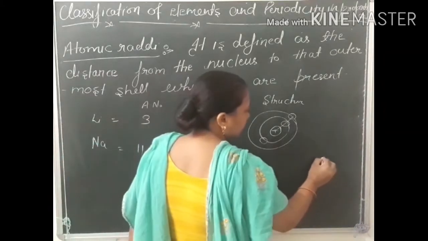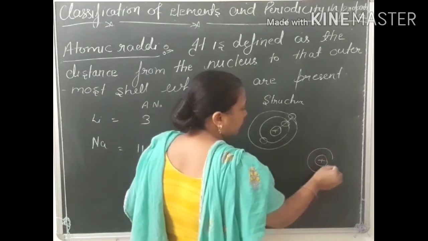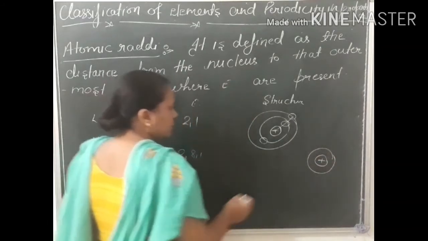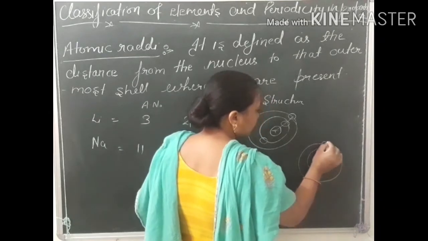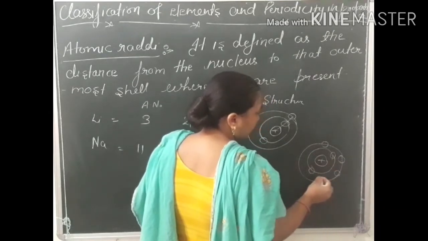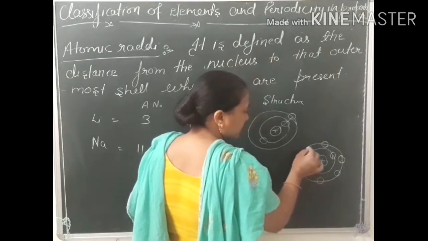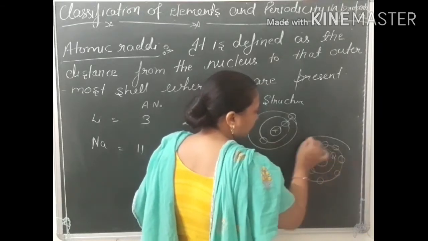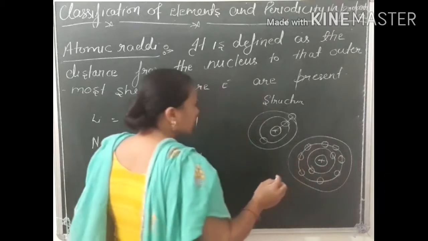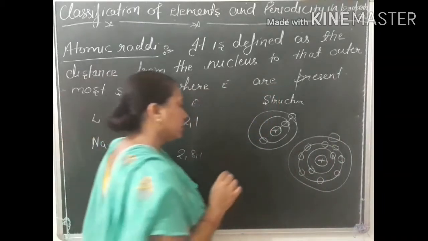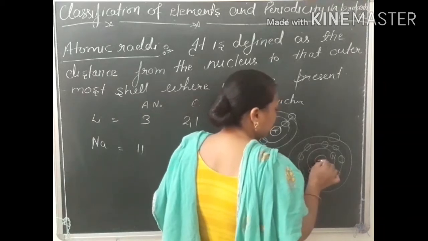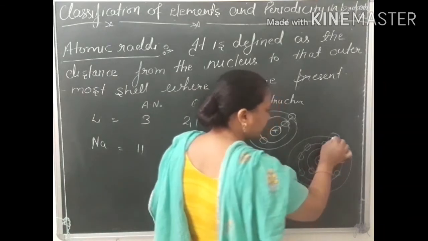Here this is the nucleus, the first shell has 2 electrons, the second shell has 8 electrons, and in the outermost shell 1 electron is present. Here the atomic radii is the distance from the nucleus to the outermost shell.